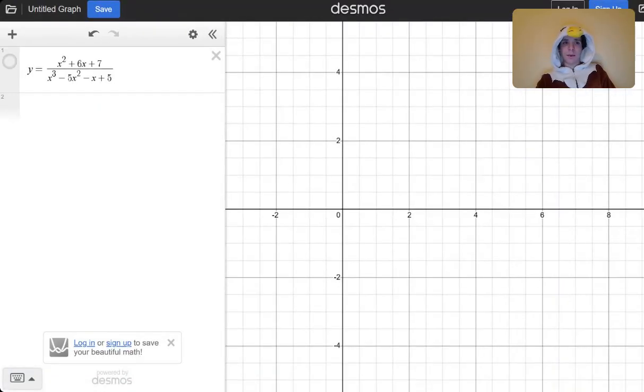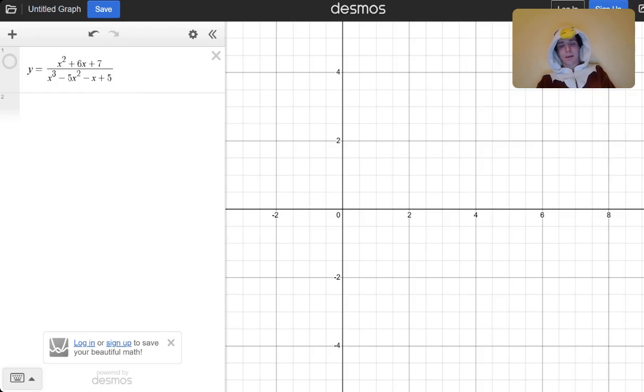So this function looks really complicated, but the stuff going on in the numerator doesn't really matter because nothing going on in the numerator will make it undefined. The only thing that will make it undefined is a 0 in the denominator. It could also have a limit that doesn't exist if there's an absolute value, but I don't see an absolute value in this, so we're good with that.